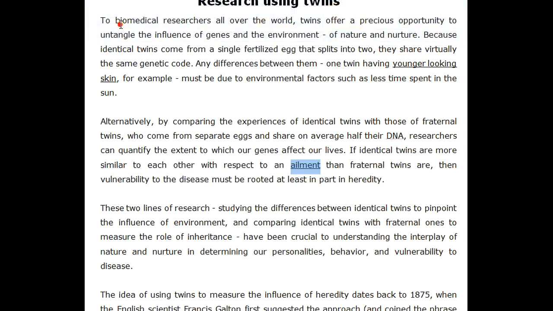Now let me remind you the question. The question was asking that twins are at greater risk of developing certain illness than non-twins. So, are twins at greater risk? Let's see what they are saying. Read the entire sentence.